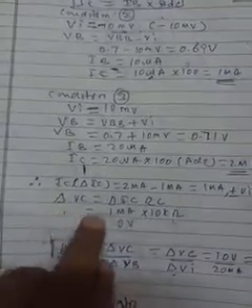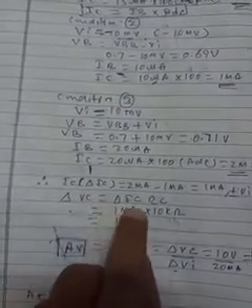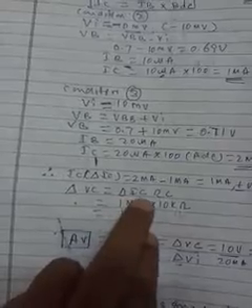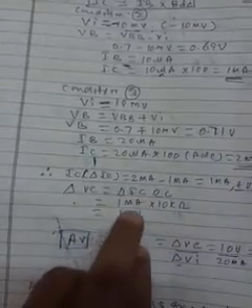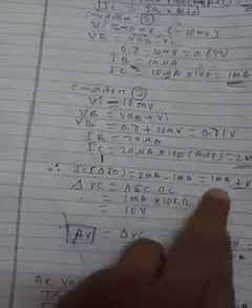Therefore delta VC equals delta IC into RC. RC is the current limiting resistor connected to the collector. So how much is delta VC?